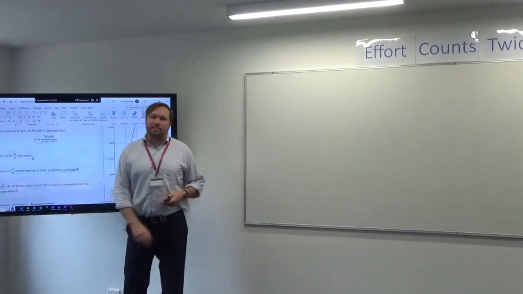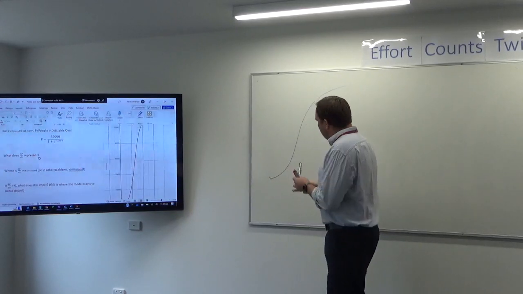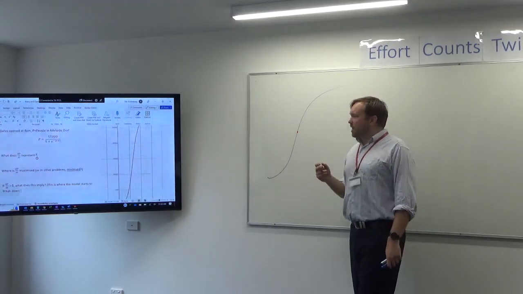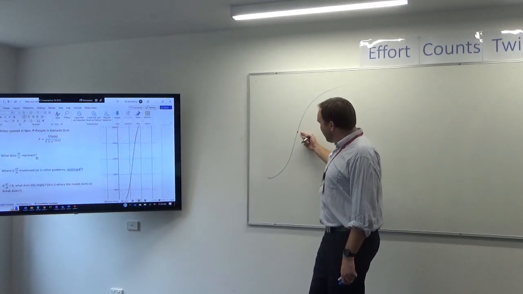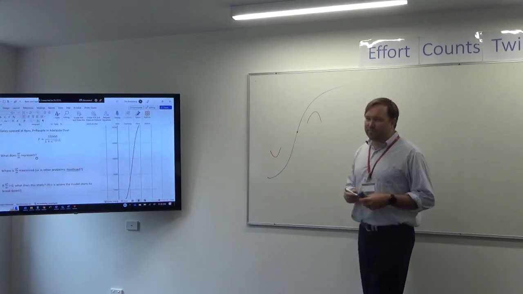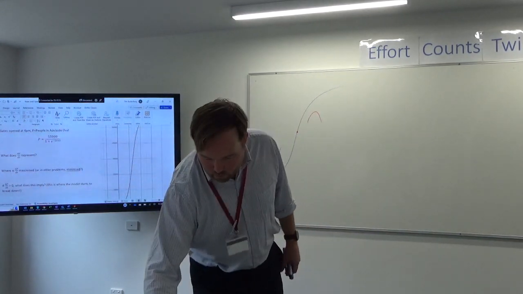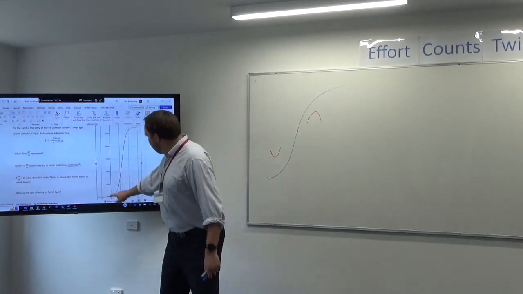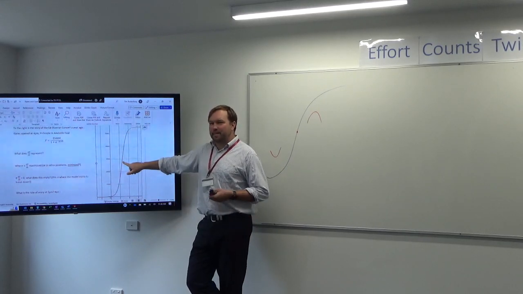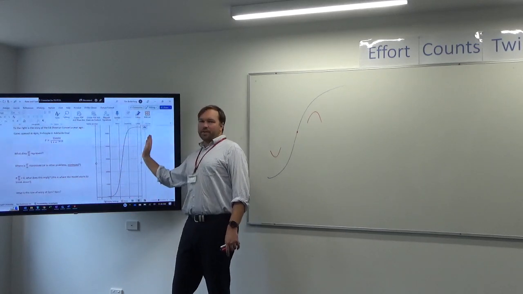Where is this rate maximized? Now if you've got a curve like this, if you visualize it, are you happy that the steepest point will actually be where it goes from concave up to concave down? You can probably see it better on mine, but there will be a point where that graph goes from concave up and starts heading concave down, and at that point the graph is the steepest because the slope keeps increasing, and then the slope starts decreasing.